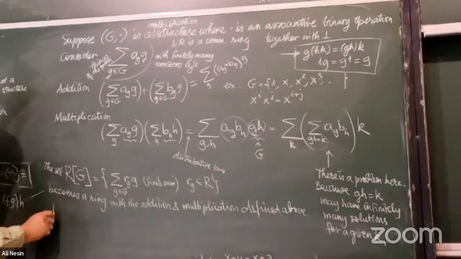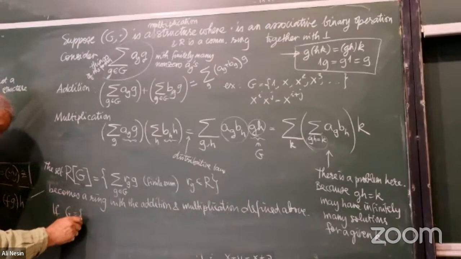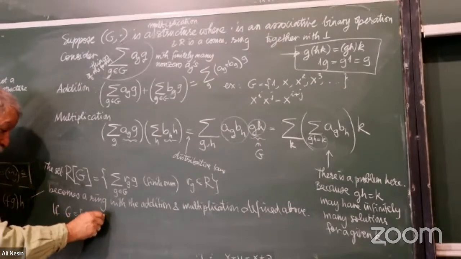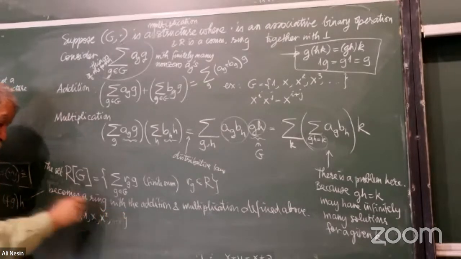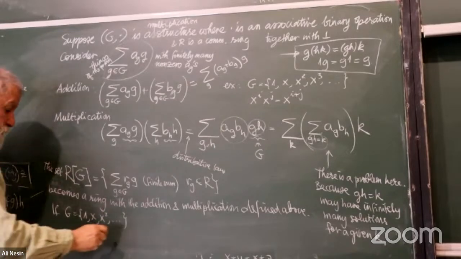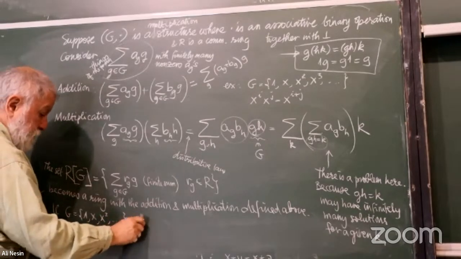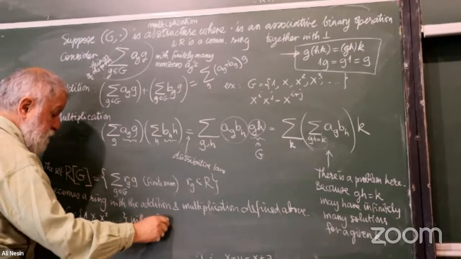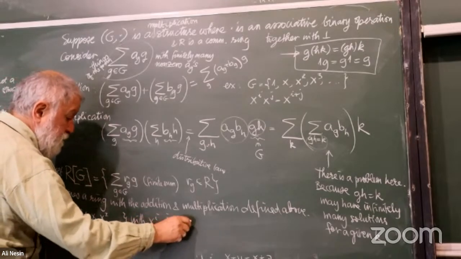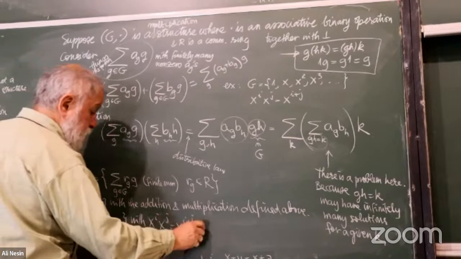If G is 1, x, x squared, and so on, with x^i times x^j equal to x^(i+j), we get the polynomials.